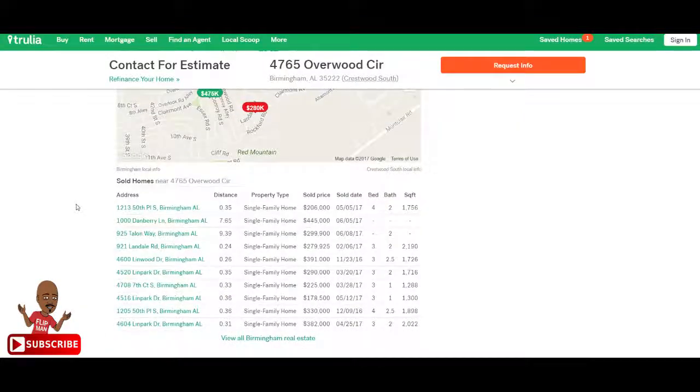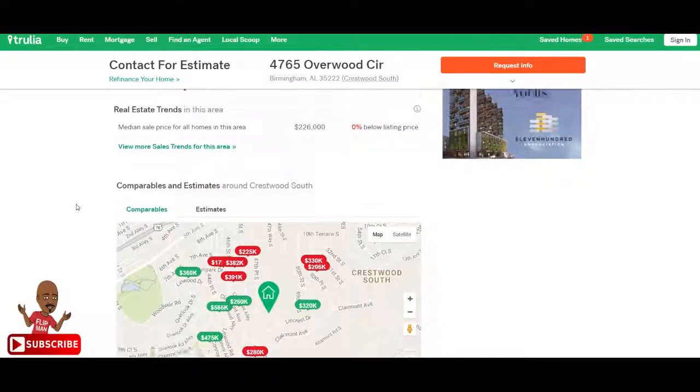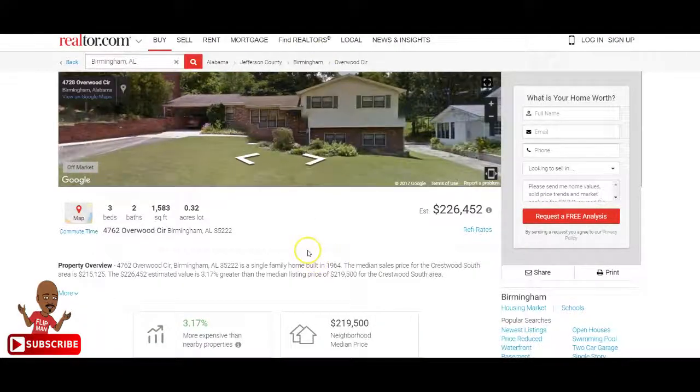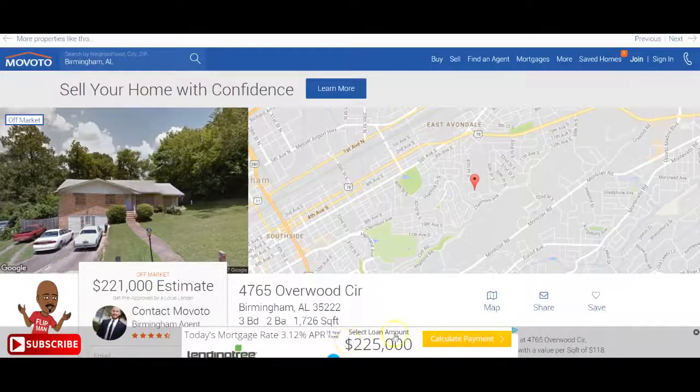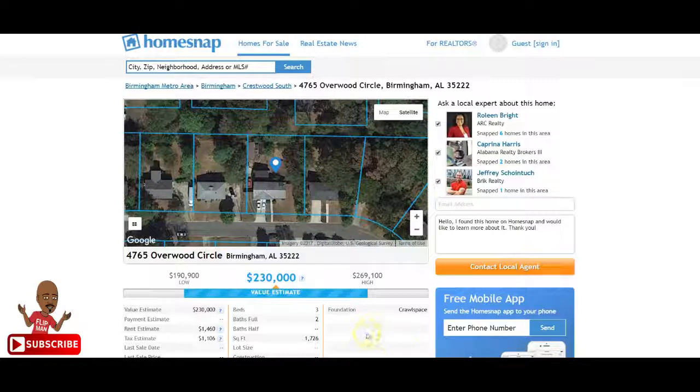Troy is giving you an estimated value of 226 right here. Median sale price for homes in the area 226. And then Realtor.com is saying 226. Movado is saying 225. HomeSnap is saying 230. It gives you a range between 190 to 269.